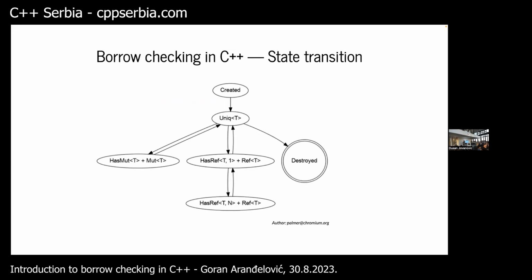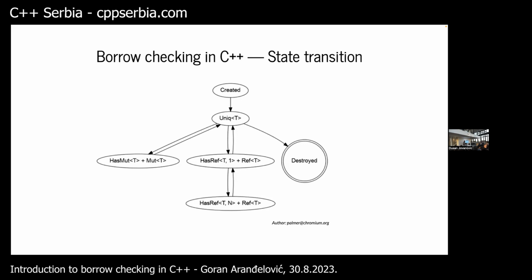What we see here is that first an object is created, and we immediately have unique ownership of it. Then we can transition to one state that we already mentioned, that you can have only one mutable reference to that object. This is the state on the left.